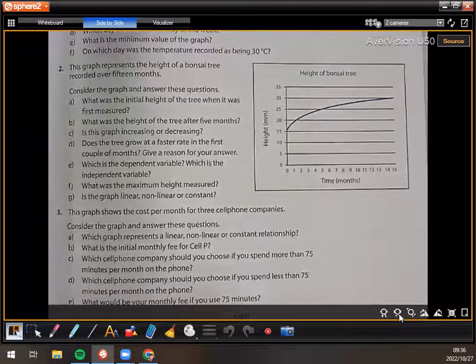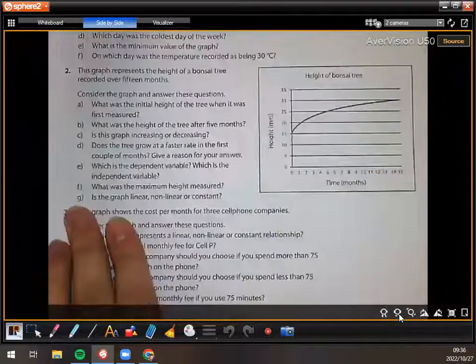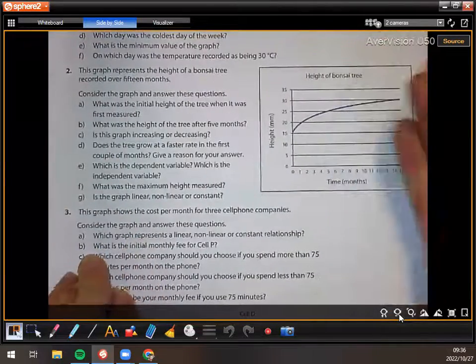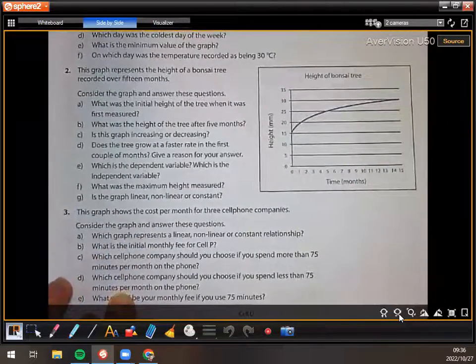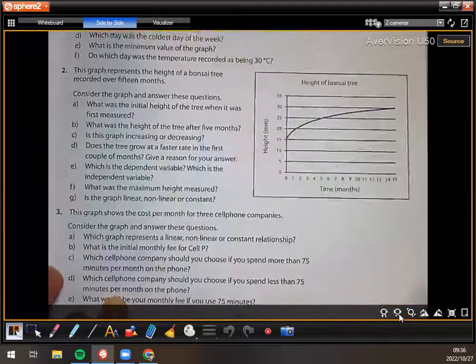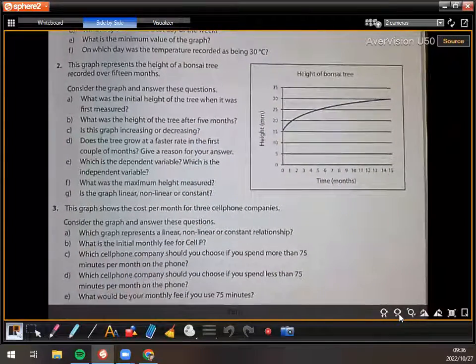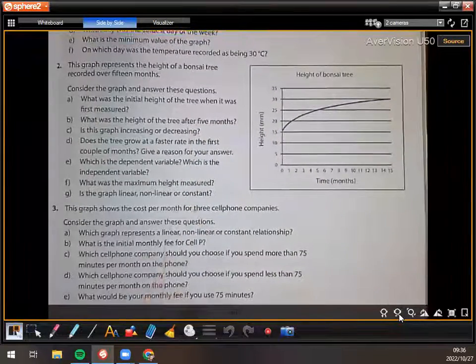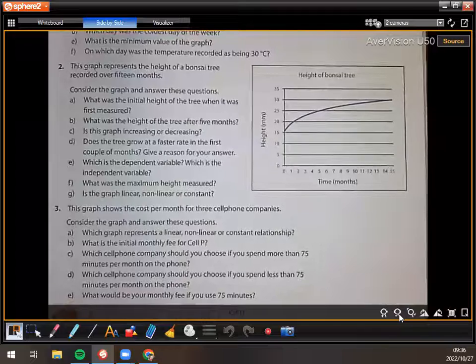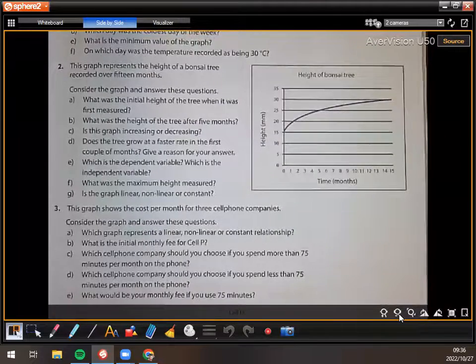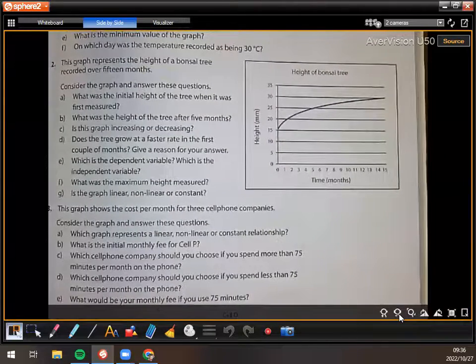Okay, there we go, guys. That's number 2. Sorry, I'm in the zoom out now. I wanted the whole graph and all this. Number 3, the questions are on the board, but the graph is underneath, so you won't be able to do number 3 unless I move it up. But I can do everyone's number 2.